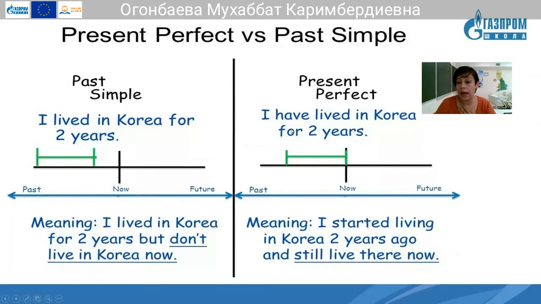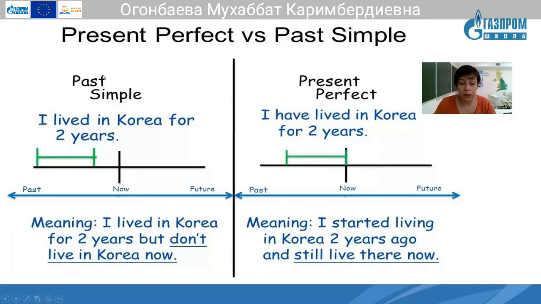Present perfect. I have lived in Korea for 2 years means I lived there the last 2 years and still continue being there. Is it clear? It means I started living there and I'm still there. I'm still a citizen of Korea and still continue living there.